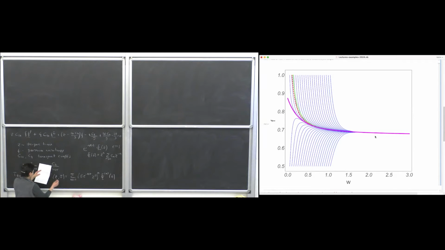And now my phi n's don't have the Z to the beta. So for each sector N, I have a power series.